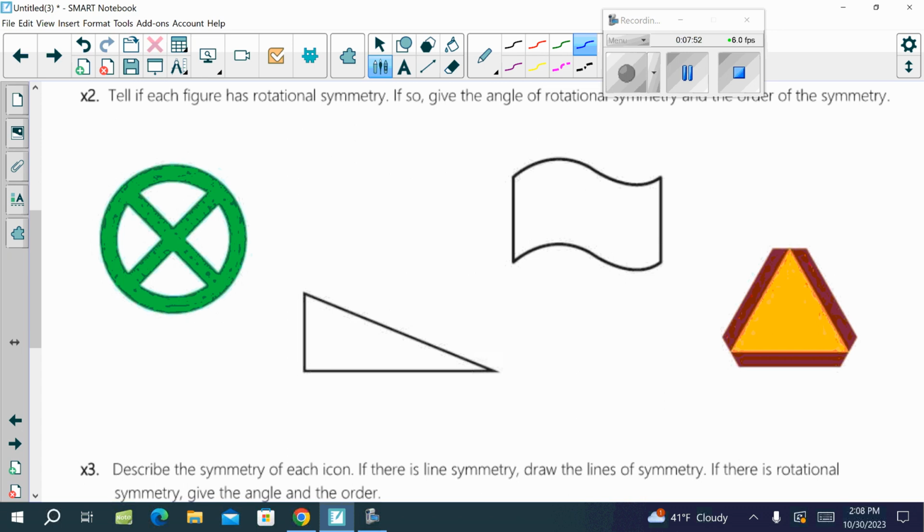So that means the order is 4. So if we know it can look identical 4 times, and there's 360 degrees in a full rotation, what's its angle of rotation? 90. There you go. So we would do 360 divided by that order equals 90 degrees of rotation.